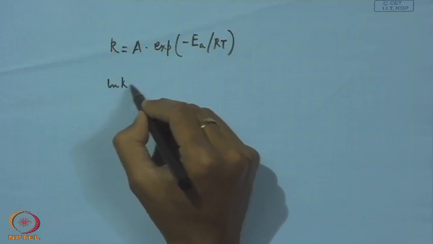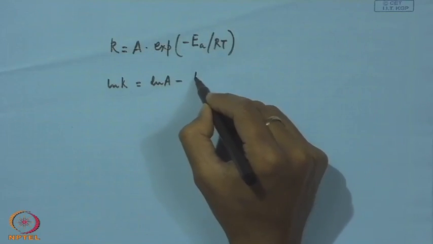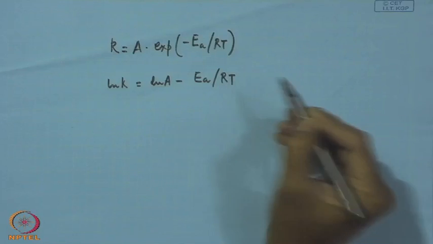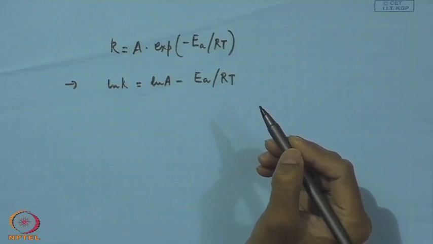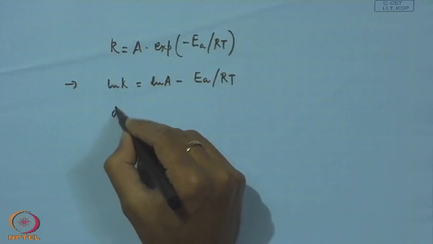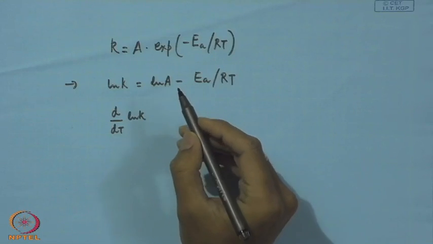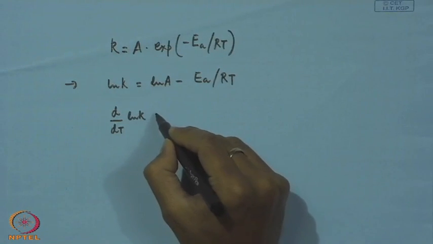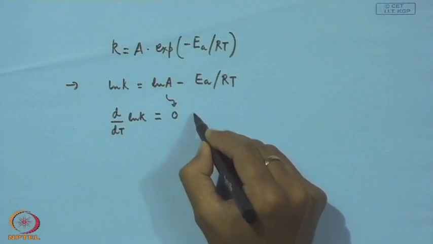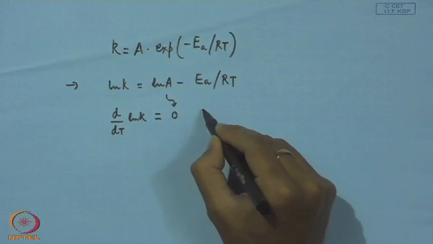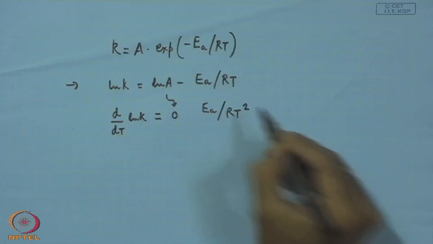So, ln k is equal to ln A minus E a by R T. Now, you differentiate with respect to T. So, d by dT of ln k will be equal to 0 plus E a by R T square.